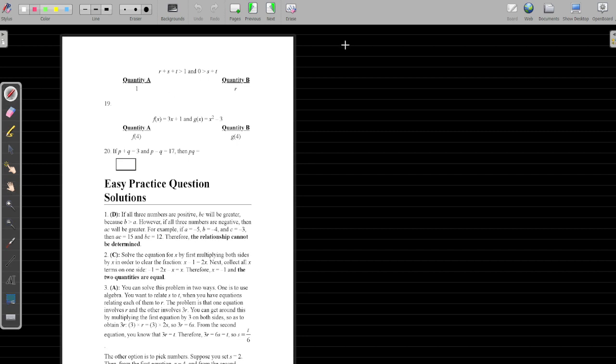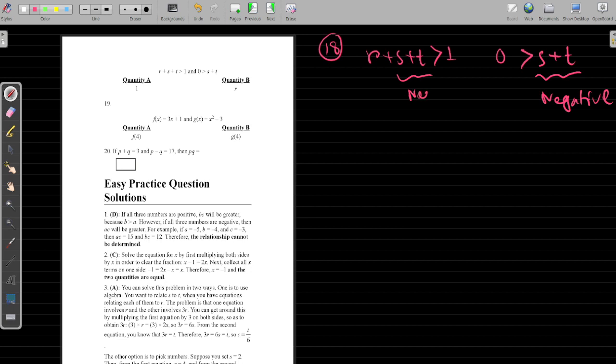They have given that r plus s plus t is greater than 1 and 0 is greater than s plus t. It means this s plus t is smaller than 0. That's why they are negative. So this s plus t are negative, right? So I need to make this answer greater than 1. That's why this r will be positive.